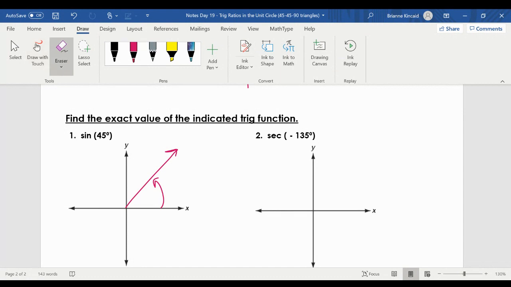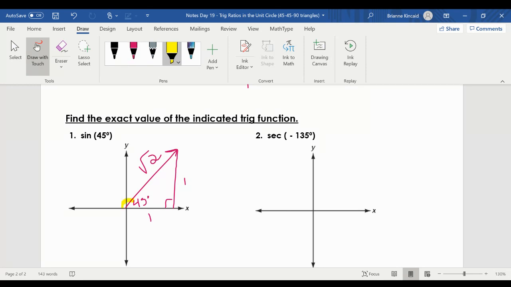All right, so a 45-degree angle is in the first quadrant, and it looks like that. So I draw my angle in, and then from there, I draw my perpendicular line that goes down. This is a 45-degree angle, so it's a 45, 45, 90 triangle. My side lengths are 1, 1, and radical 2. I'm in the first quadrant, so I moved right and up. Everything should be positive.